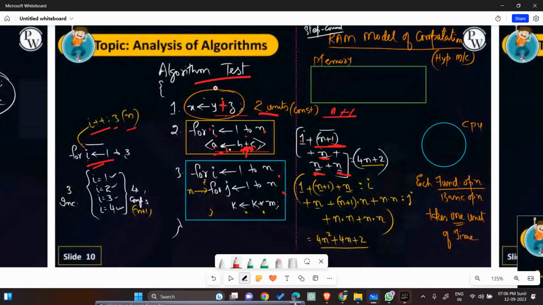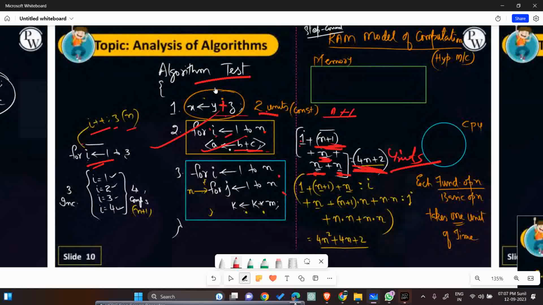So one for assignment first, then n plus 1 for comparison. Then n for addition and n for assignment. This is the time complexity of this, in units.